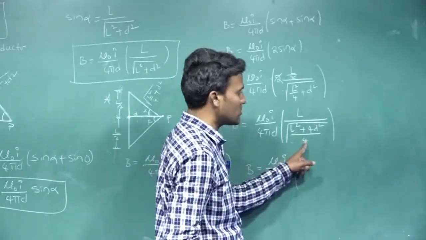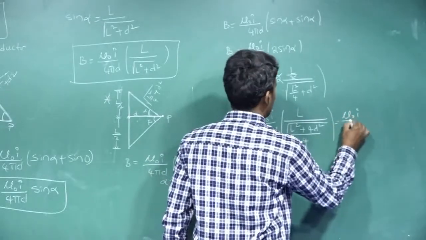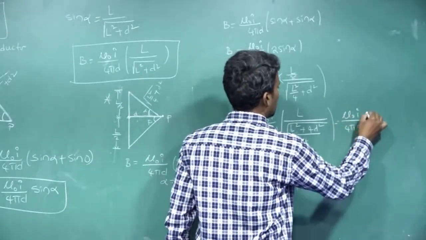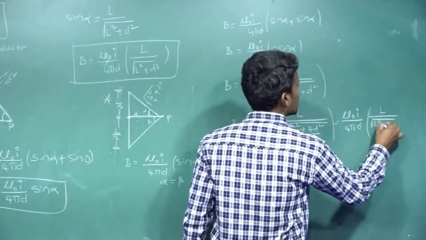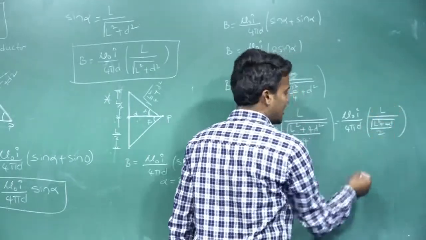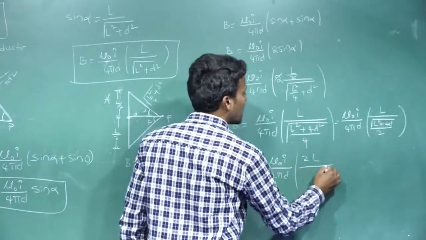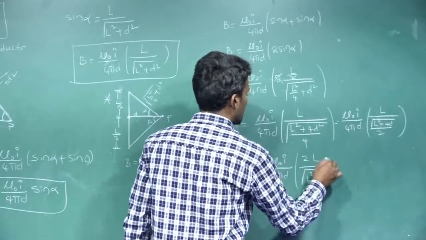For your understanding, you will write the step: mu naught I divided by 4 pi, L divided by the root of L square plus 4d divided by 2. This 2 goes to the numerator, so 2L divided by the root of L square plus 4d square.